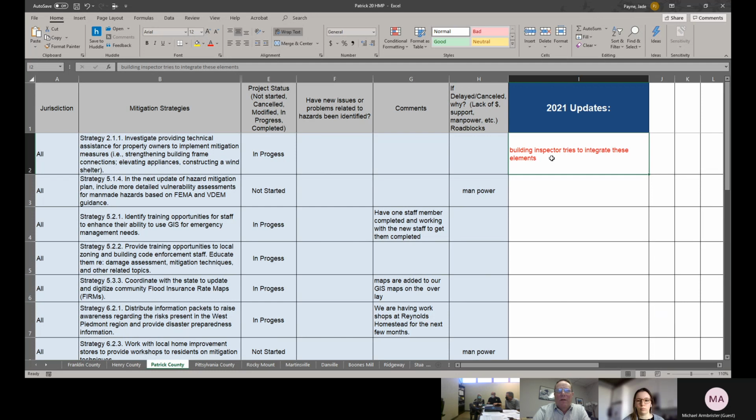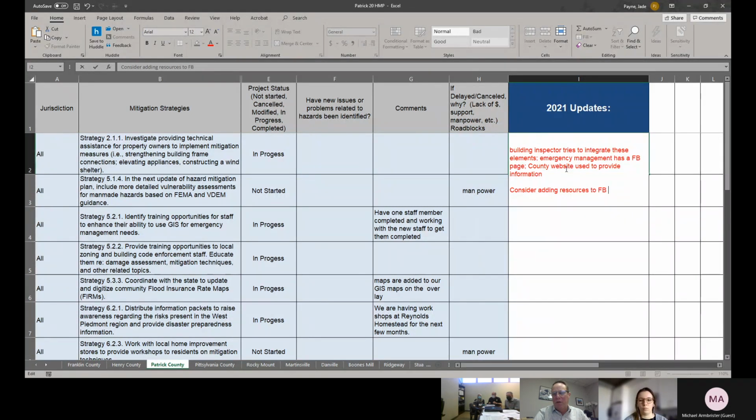We use the county webpage. And as far as emergency management, I do have a Facebook page that we put stuff out on every now and then. All right. The reason I ask is that for some of these where it just says investigate providing assistance, we might add these publications or resources, and a link to your Facebook page or something like that, just so it's measurable and has a time frame.